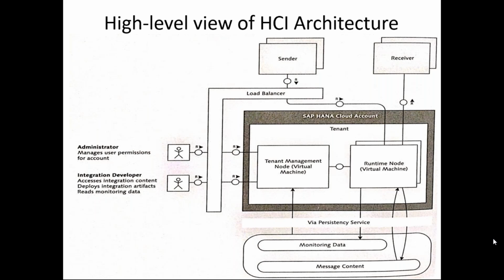These payloads of each message in the entire iFlow are available. These payloads are stored for 90 days by default, and this data is written by the runtime nodes. That is why the message content is interacting with the runtime node as well. Next here is the monitoring data.